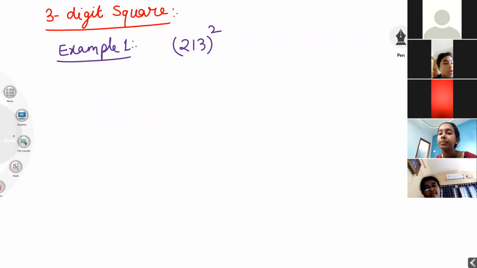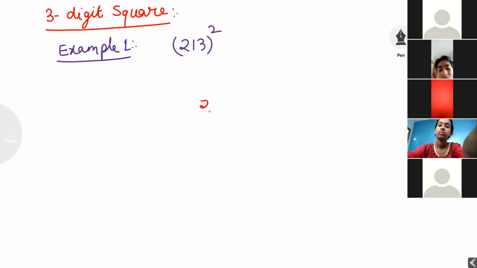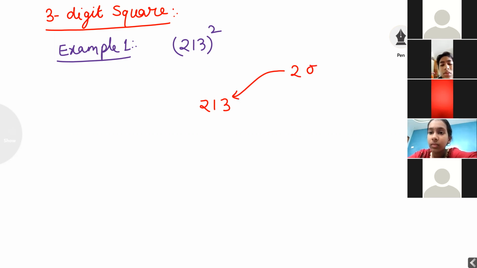Whatever number is given, firstly I will write the same number. The number given is 213. Our main target is to make this number 200. How to make this number 200? By subtracting 13.